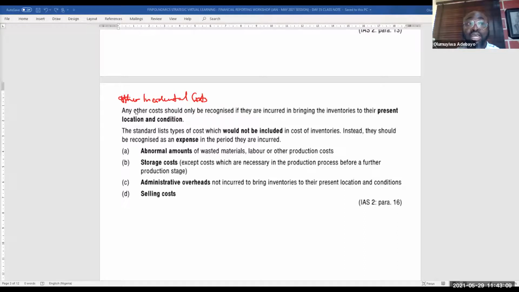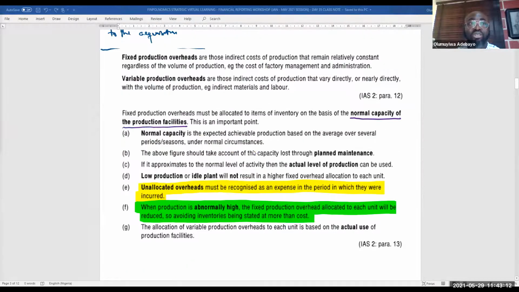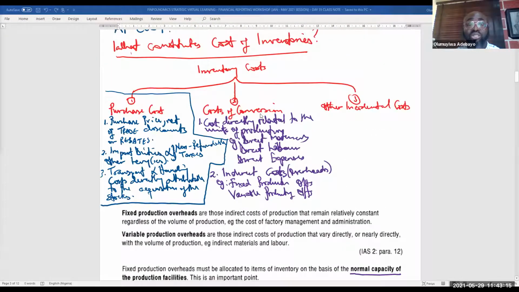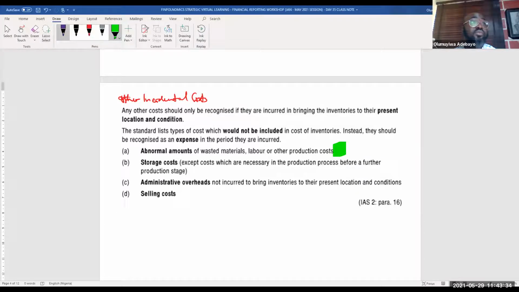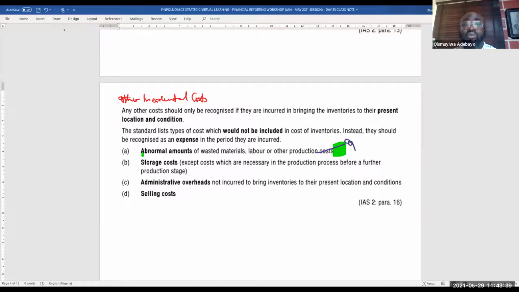Now, this incidental cost is any other cost that cannot fall under conversion costs or purchase costs, but they must not include the following, and I'll give you the reasons one by one. Abnormal costs, I've told you that it goes by way of operational loss. Abnormal cost is treated as operational loss and its expense charged to profit or loss immediately.